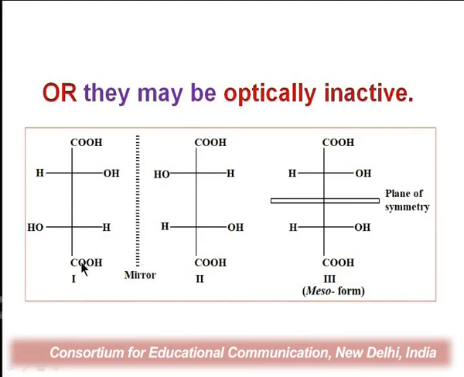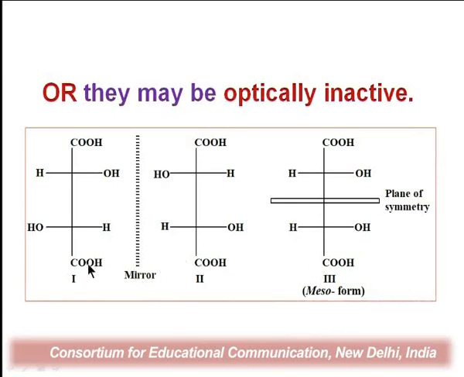When we compare structure 1 to 2, they are enantiomers, since they are non-superimposable mirror images of each other. But when we compare 1 to 3 or 2 to 3, we find that they are not mirror images of each other.